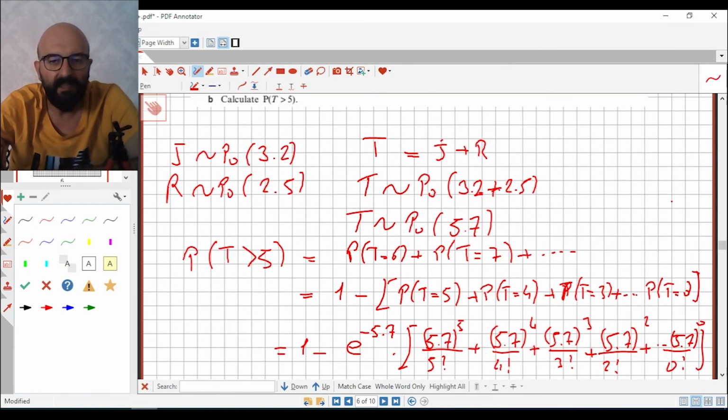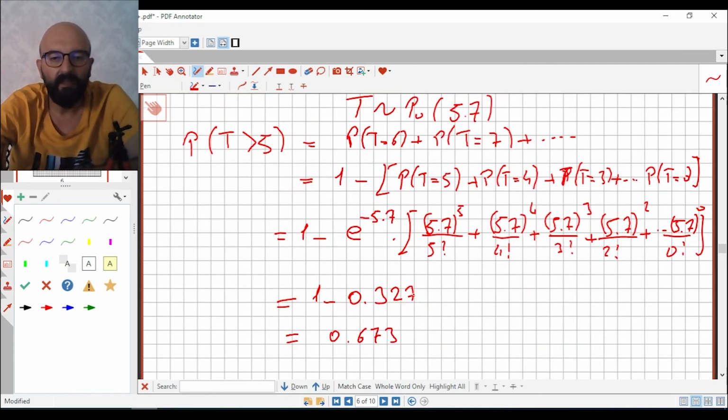But they tell us this situation, t greater than 5, means 6 and 7 and so on.